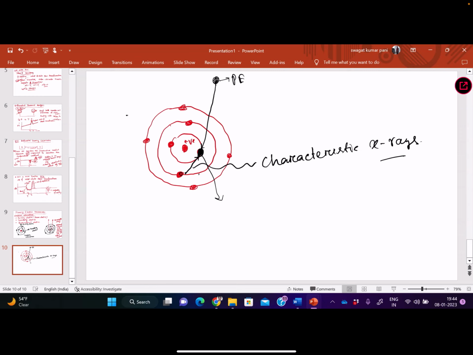Okay, so this electron is removed by the primary electron, and there is a vacancy. To fill that vacancy, a higher shell electron will come there, and to go there it has to emit certain energy, that is the energy difference between this shell and this shell. Call this K, L, M. So exactly the energy difference will be emitted by this electron, and that will come out as characteristic X-rays.